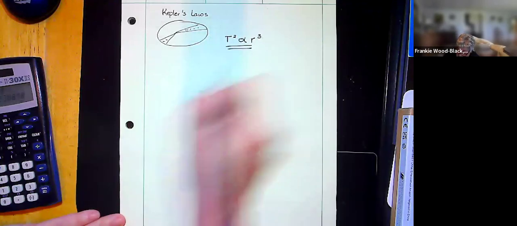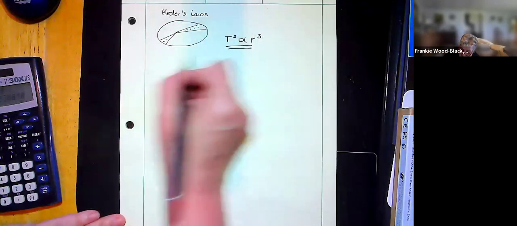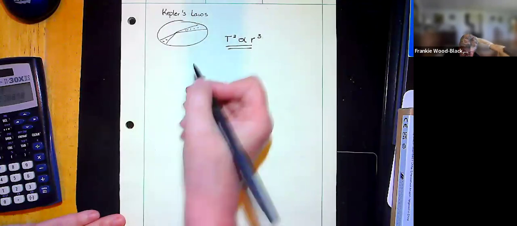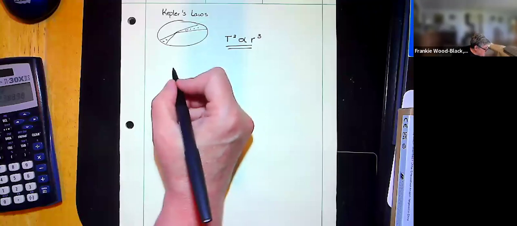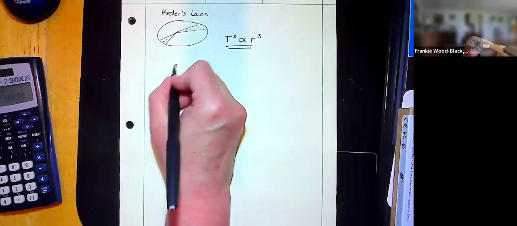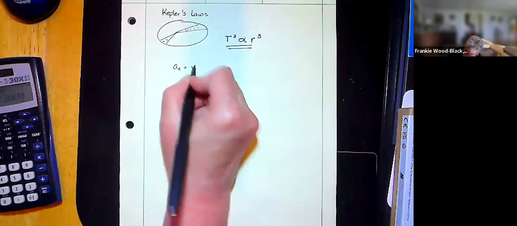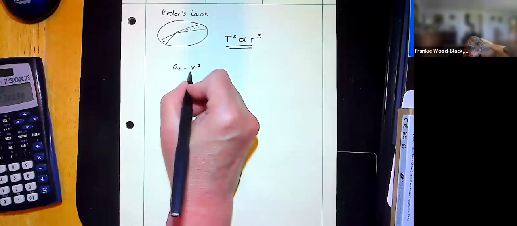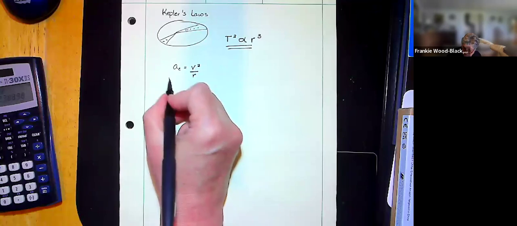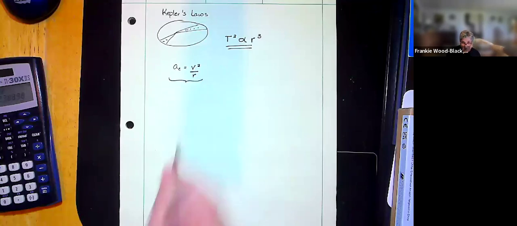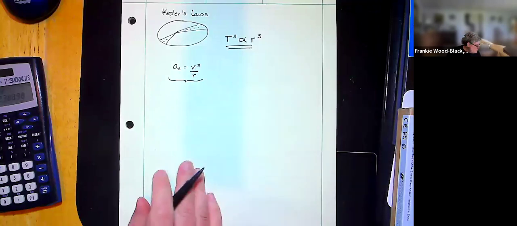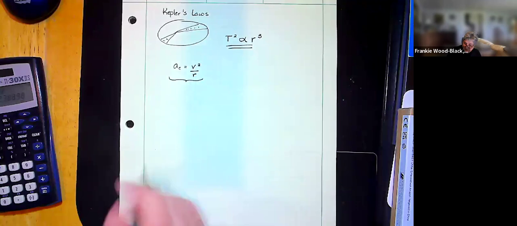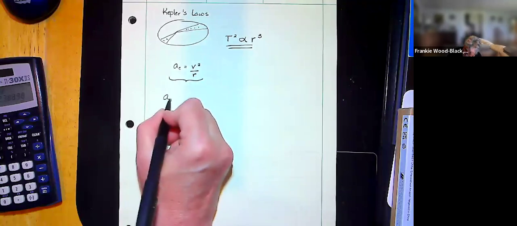And this gets us into this idea that if I know how fast I'm going around my circle, I can get a centripetal acceleration of v squared over r. And this gives us what we feel as we're going around a curve in a clover leaf or something along those lines.